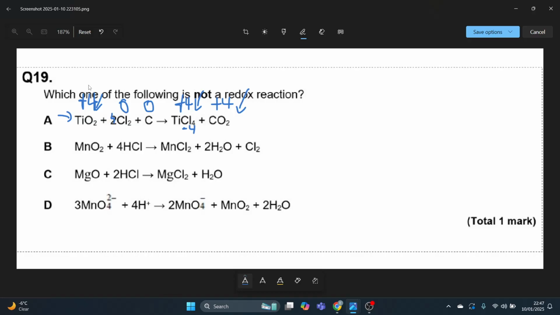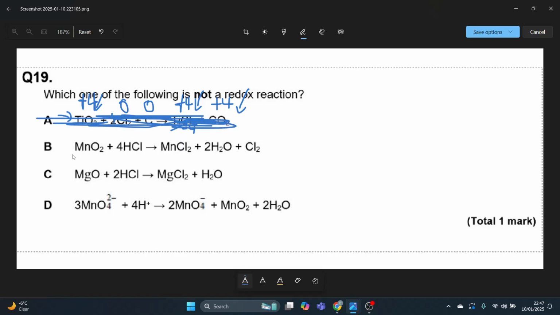Is this right? No, it's clear. It clearly is a redox reaction. 0 to, because that's 0, that's also -1. Yeah, so that is a redox reaction.